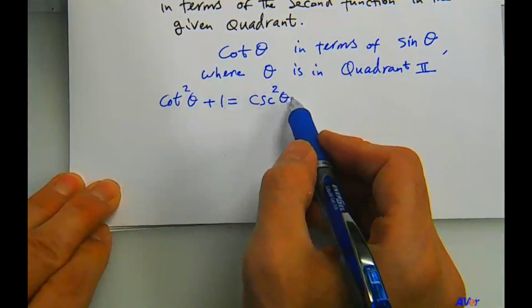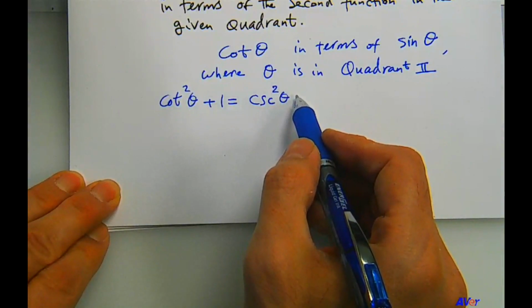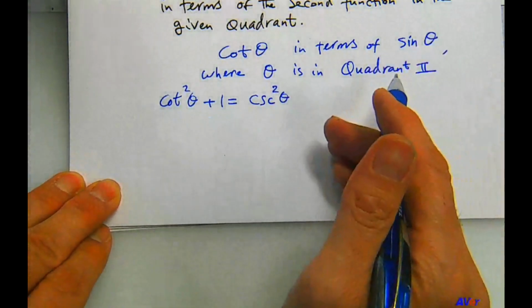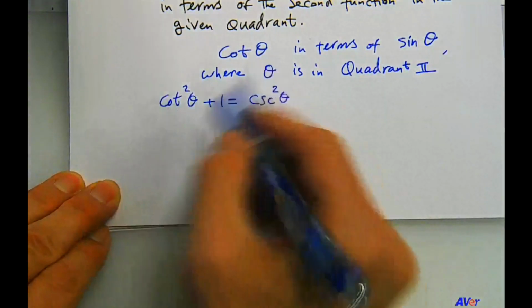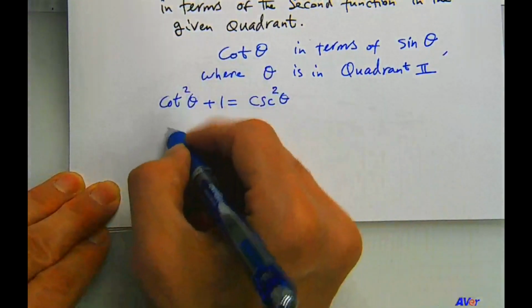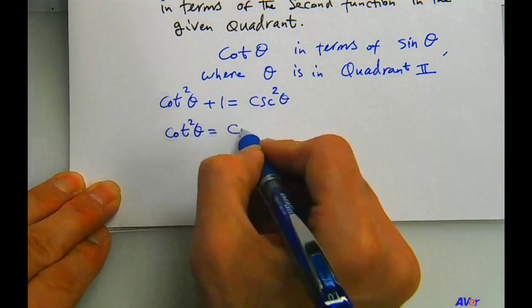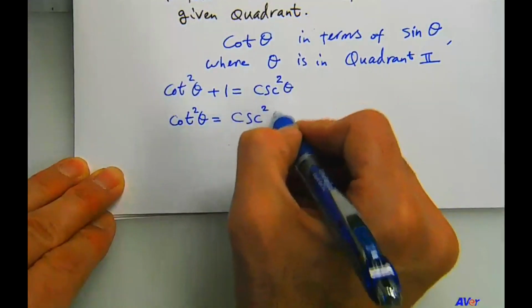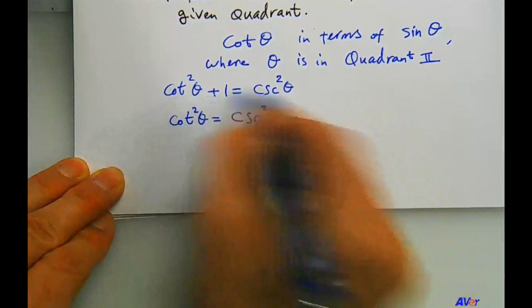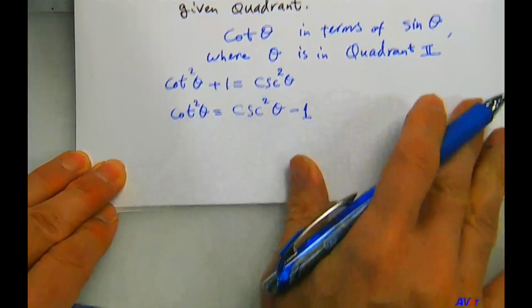Then we're going to substitute, or eventually we're going to substitute. But let's solve this for cotangent first. So we have cotangent squared theta is equal to, we're doing algebra now, right? Cosecant squared theta minus 1, moving this to the other side.